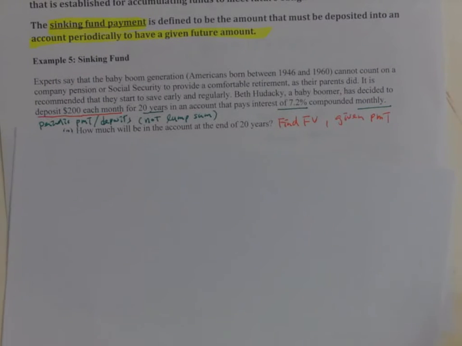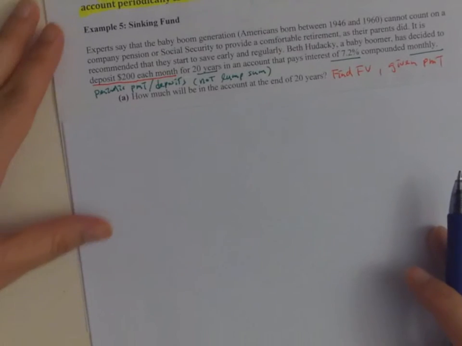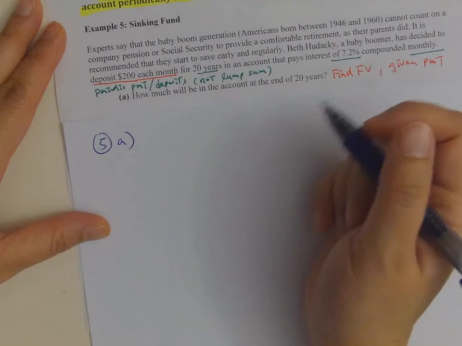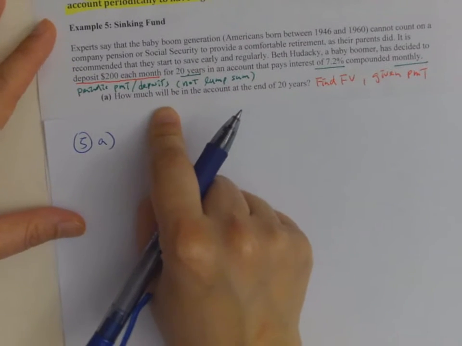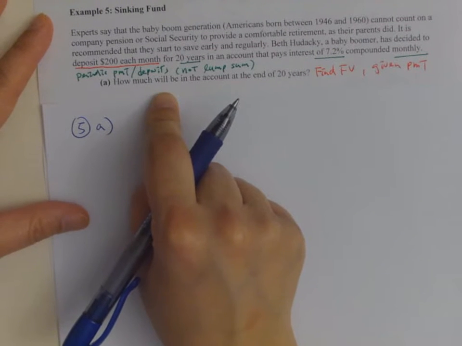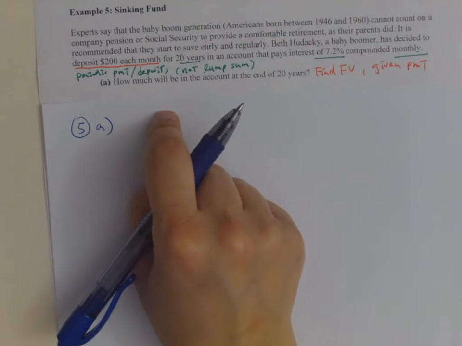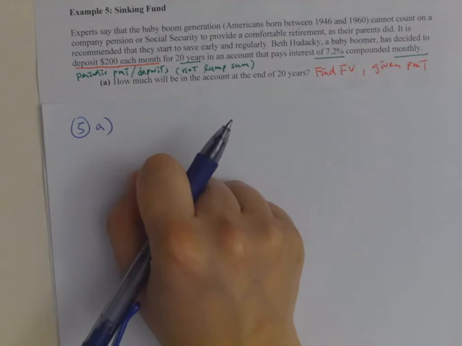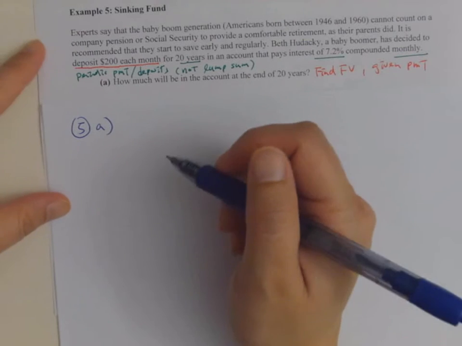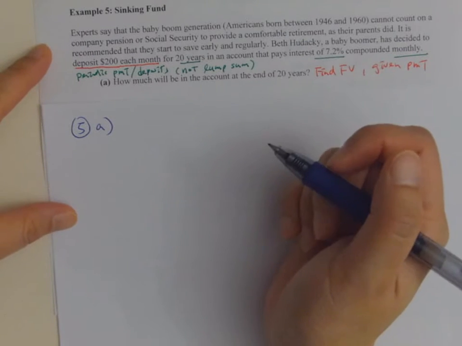Let's write down that formula for my number 5A. I didn't include 5B because it's finding interest, and they say you can do trial and error or use a graphing calculator to graph it. We're going to focus on the major skills this semester.